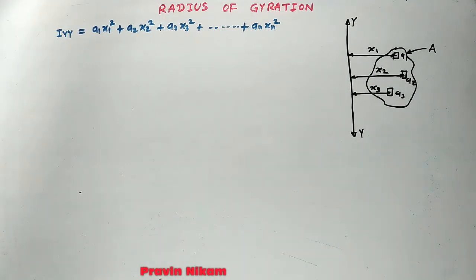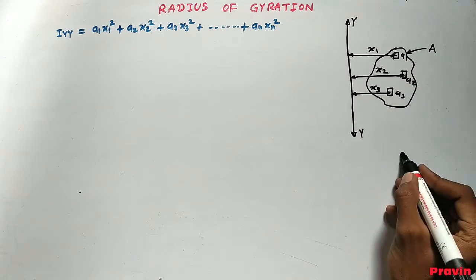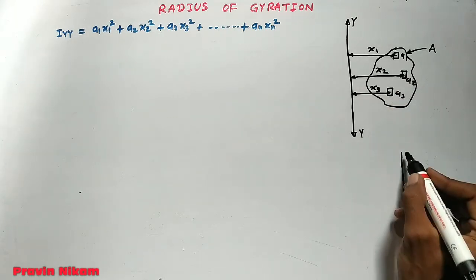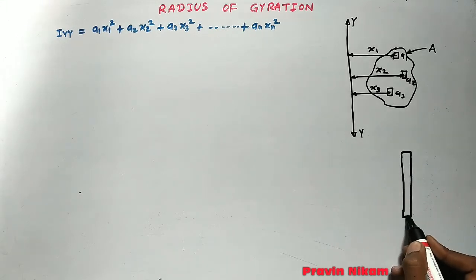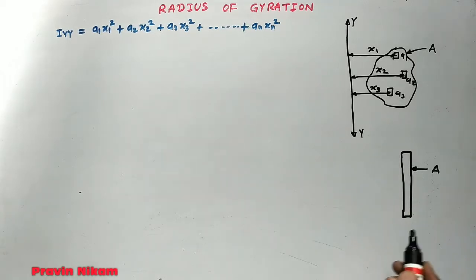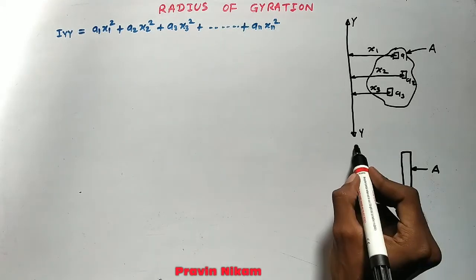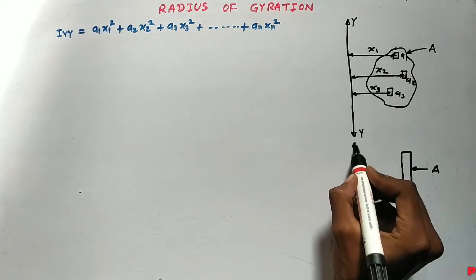Now let us convert this area into one narrow vertical strip, having the same area A. Take the same reference axis, that is y.